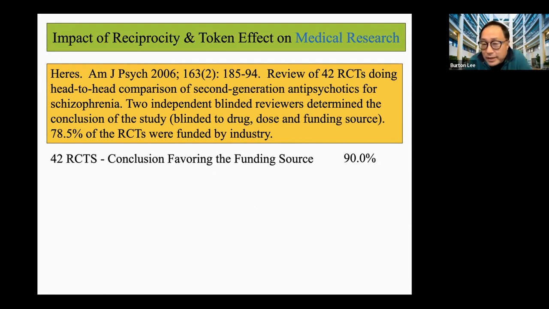Now, if you stop and think about that, if 90% of the time, whatever study you do, it favors the funding source, you almost don't need to even do the study, right? Because why bother enrolling patients and spending all that time and money when you pretty much know the answer?